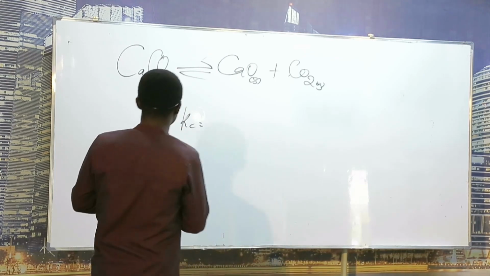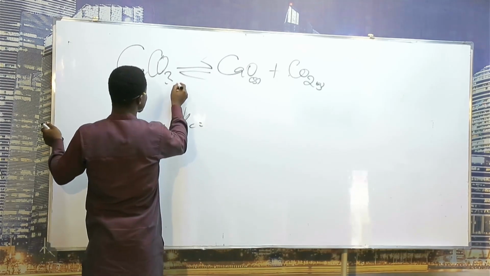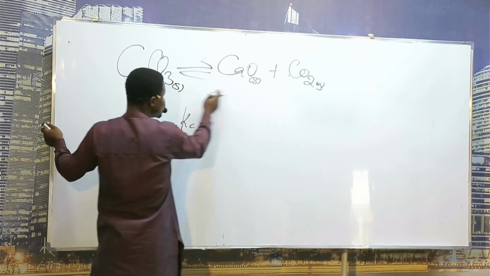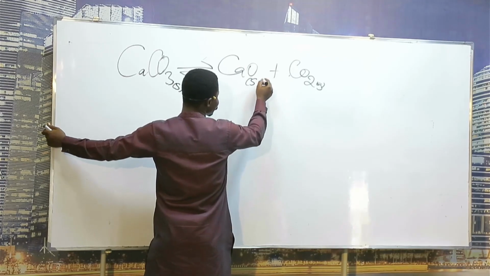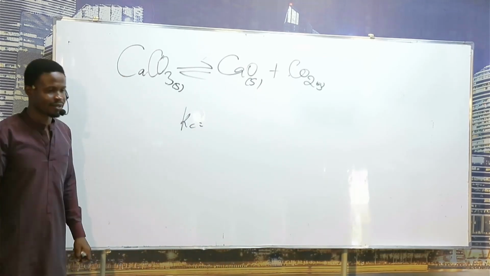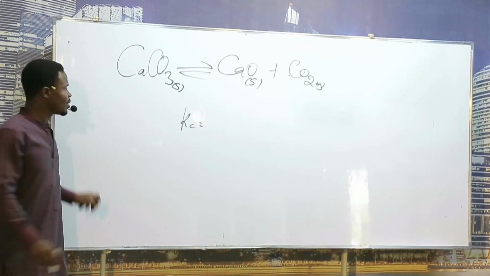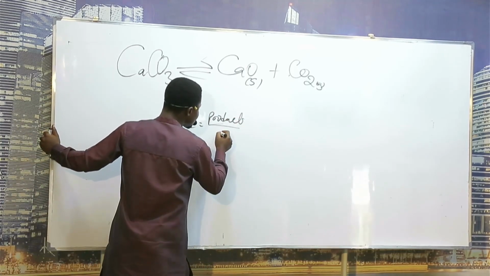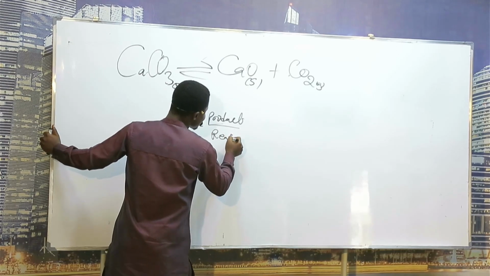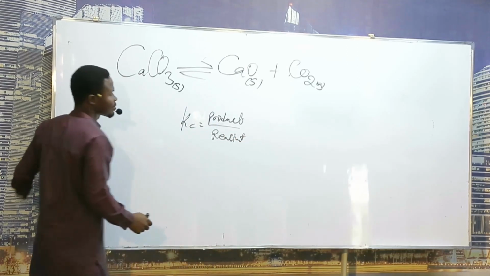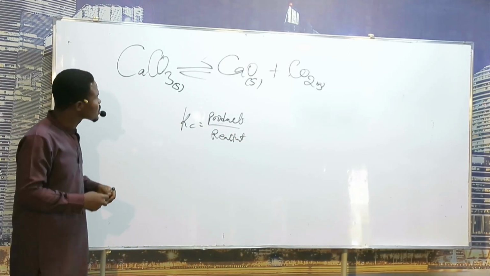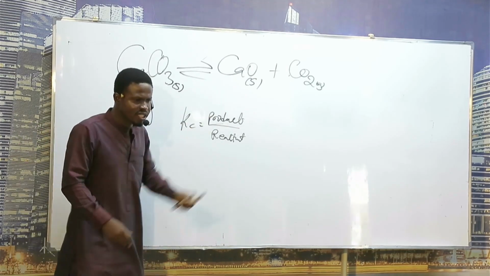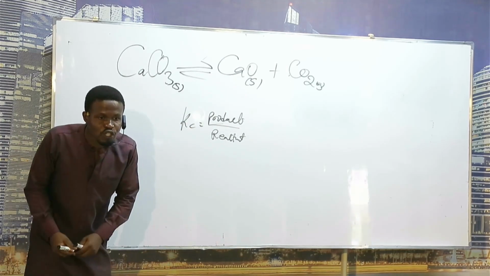Okay, it's okay. This is a solid. I told you, this is a solid. Listen, the KC value is the product over what? Reactants. But because this is a solid, it is assumed to be what?